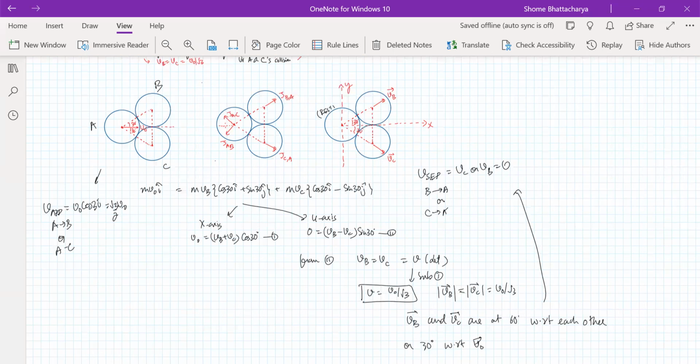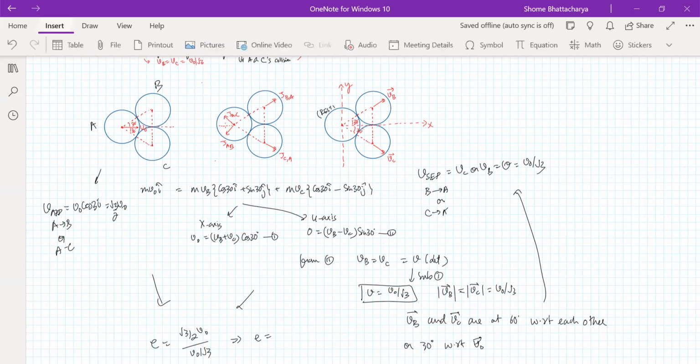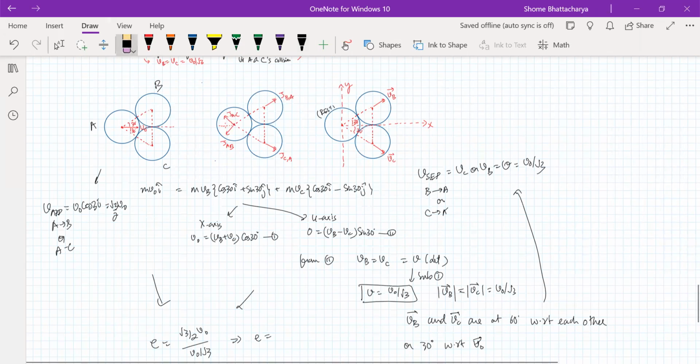So our separation velocity is equal to v0 by root 3. So our coefficient of restitution is, sorry, reverse of that, separation upon approach. So v0 by root 3 divided by root 3 by 2 v0. So it should be 2 by 3.